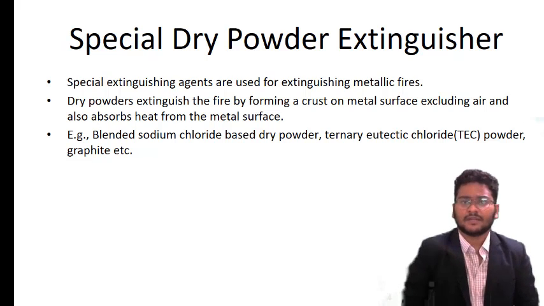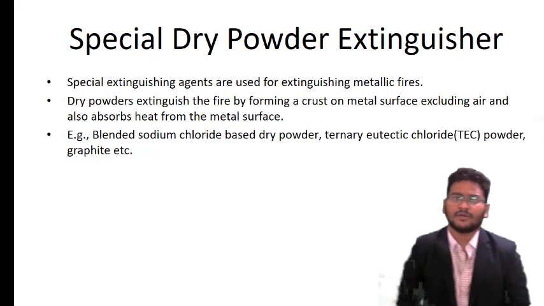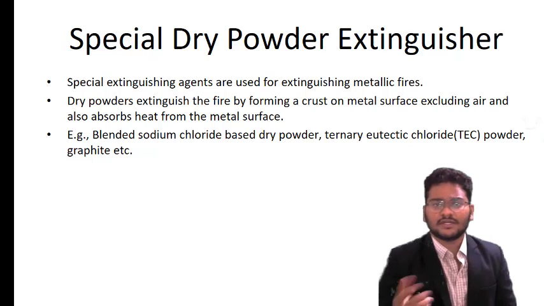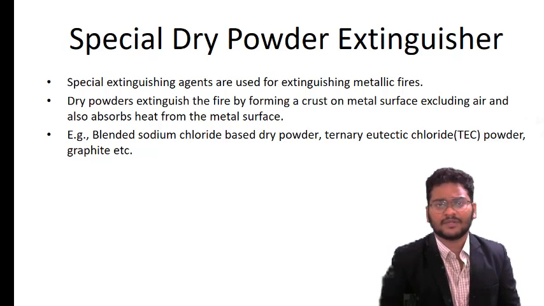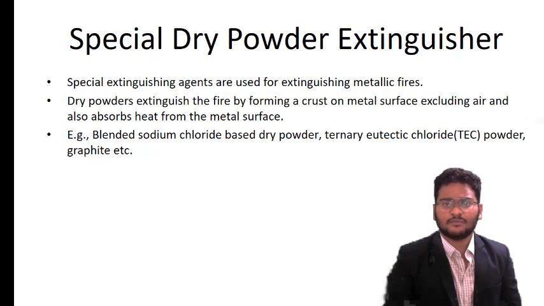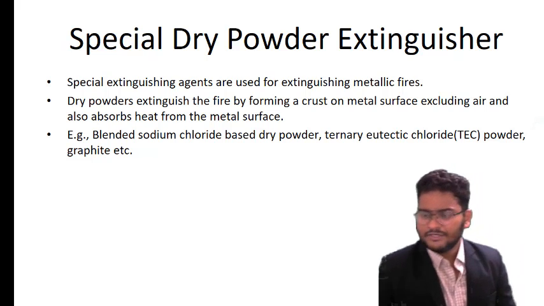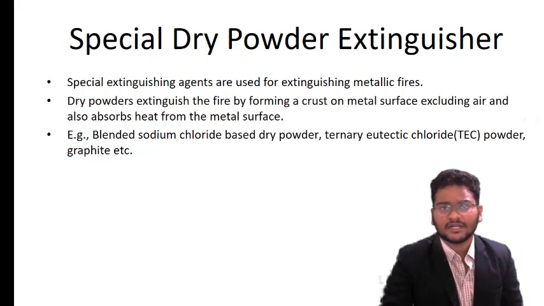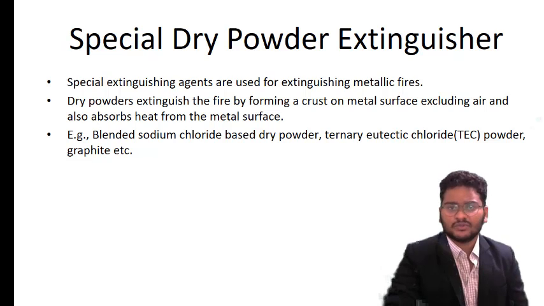Coming to the special dry powder extinguisher. For special dry chemical powder, we will use different dry powders, like here I mentioned ternary eutectic chloride, TEC, and blended sodium chloride.